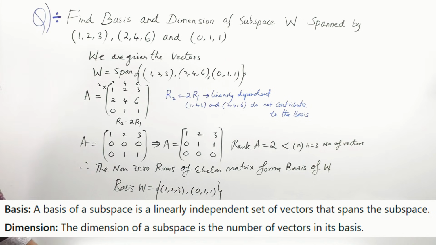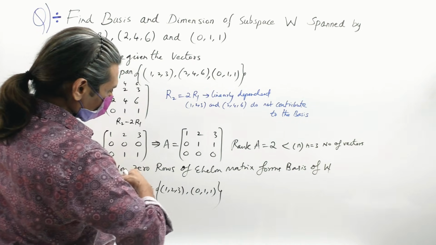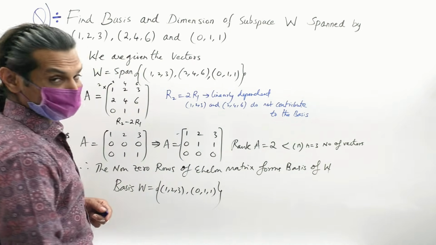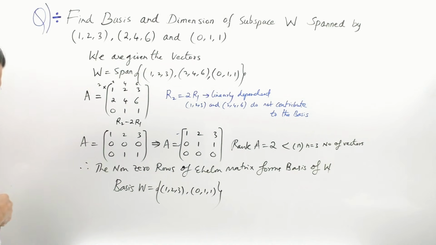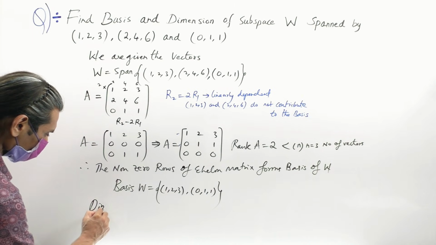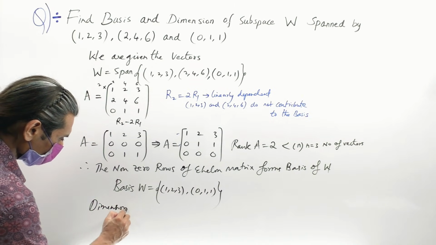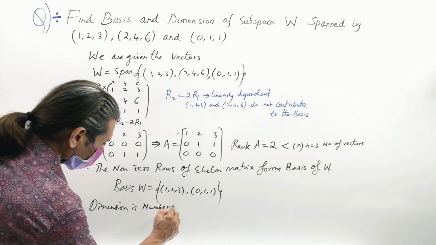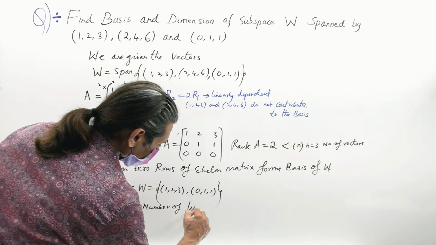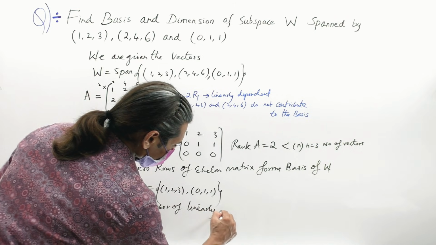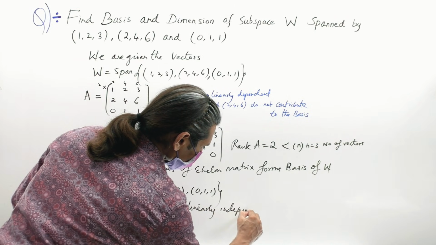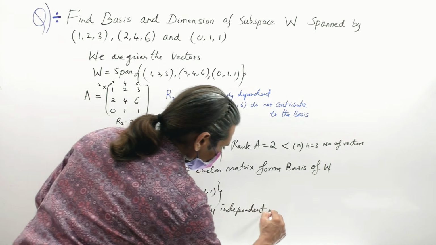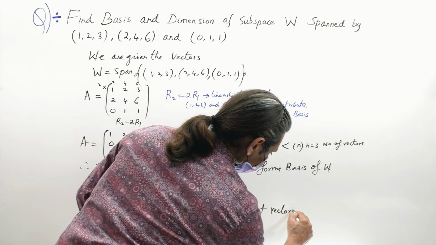And what's the dimension? The dimension is nothing but the number of linearly independent vectors. Which are they? This vector and this vector. How many are there? Two.